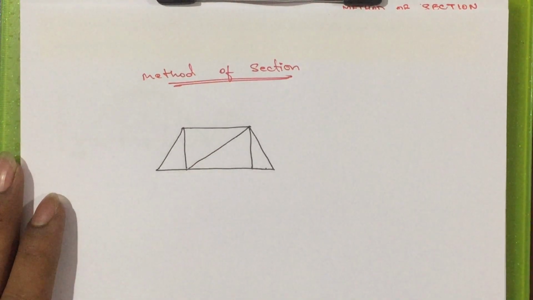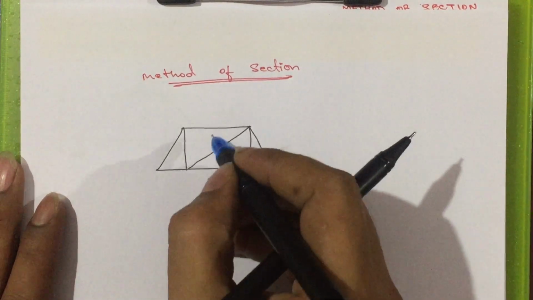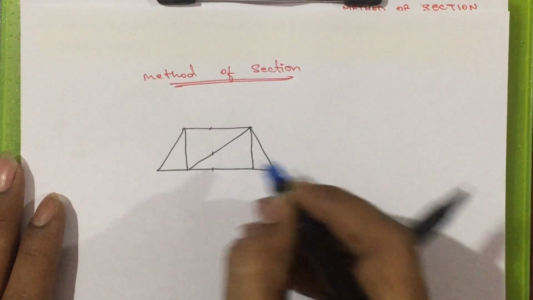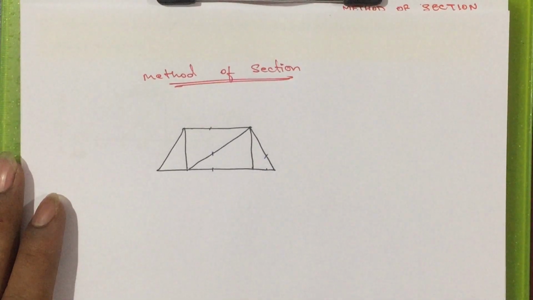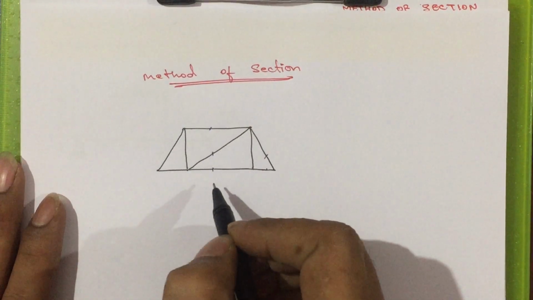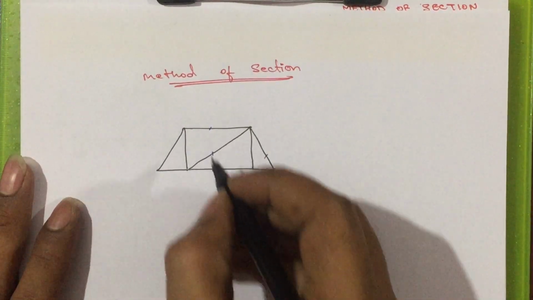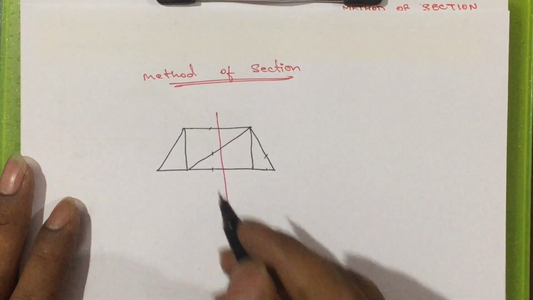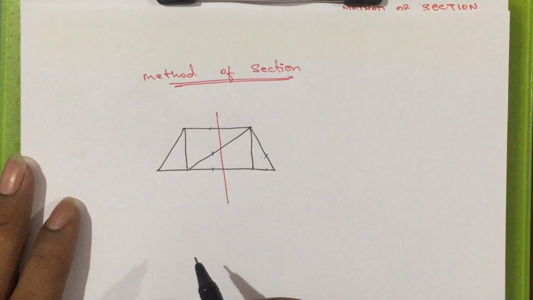For example, I need the force in this member, this member, this member and this member. So, I need to draw a section line. Just I will draw one line passing through all these three members.